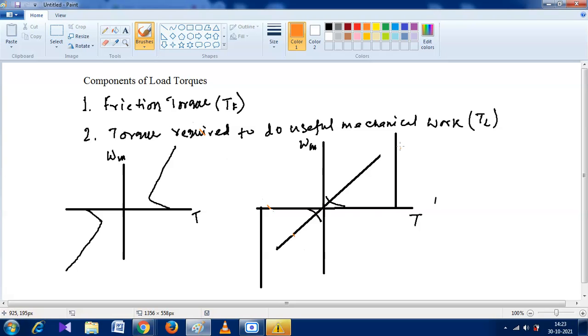Another part is independent of speed, and there is another component which is proportional to the speed, so it is speed dependent.